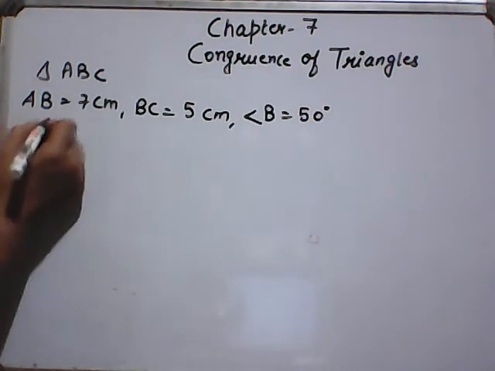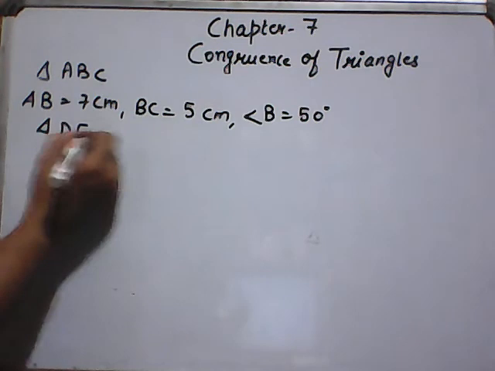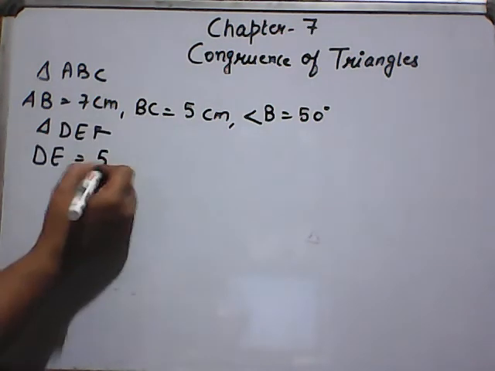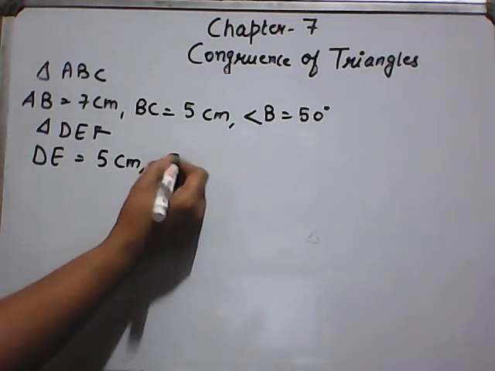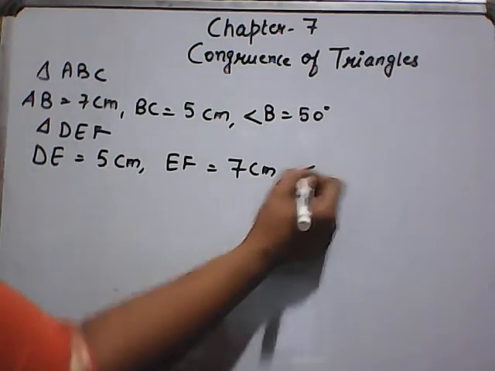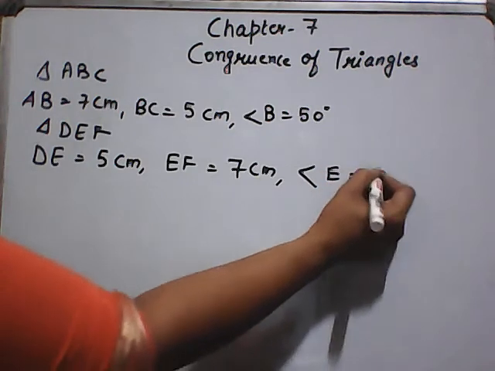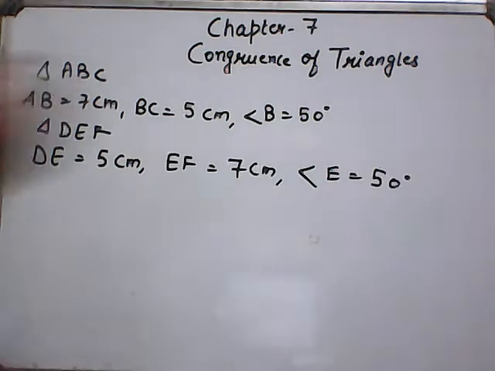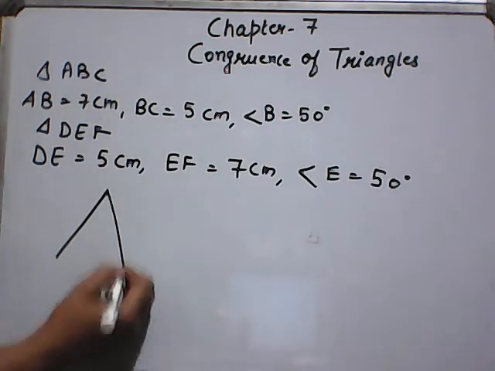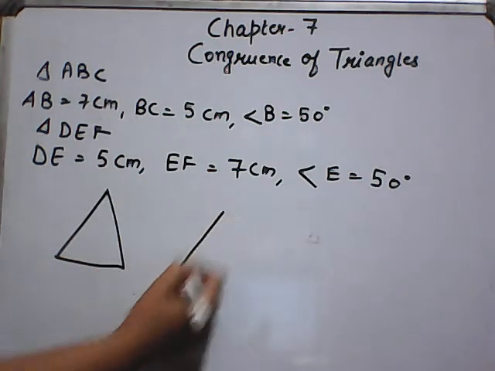And in triangle DEF, DE is given to you 5 centimeter, EF is given to you 7 centimeter and angle E is given to you 50 degrees. So firstly, draw a rough diagram of these two triangles, triangle ABC and triangle DEF.